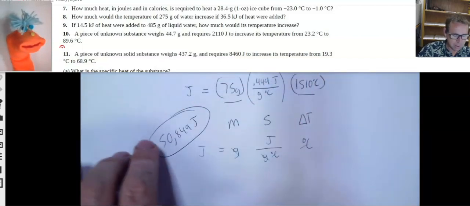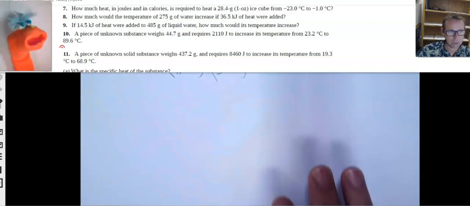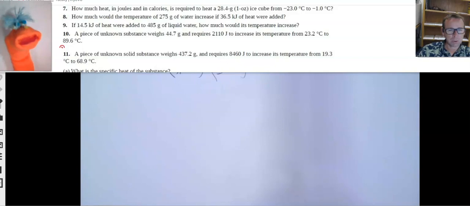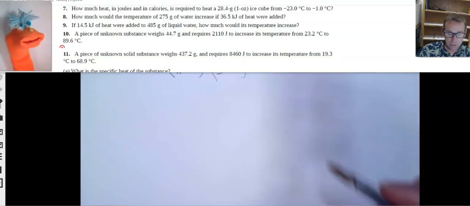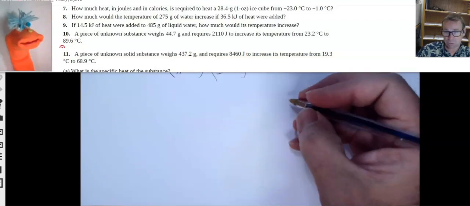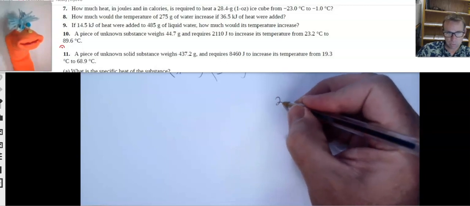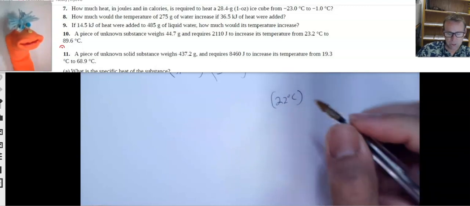What are the things we need to identify to know how much energy it takes to heat a system? Oh, it's mass. It's how much temperature change we want. So that looks like we want 22 degrees change, right? That's right. Negative 1 is the final, minus the minus 23, that would be positive 22. We want a 22 degrees Celsius change.